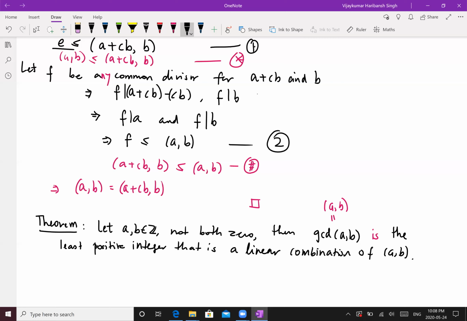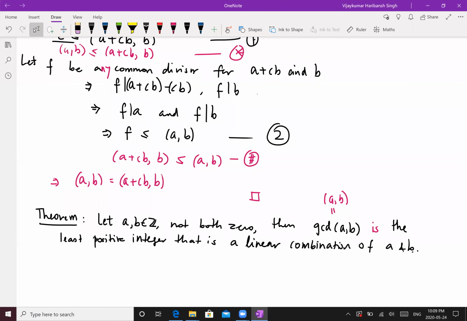So this theorem tells us two things. One, that GCD of A, B can be expressed as a linear combination of A and B. And not only that, if you take all the linear combinations, it is the least positive one among those linear combinations. Okay, so the proof goes as follows.